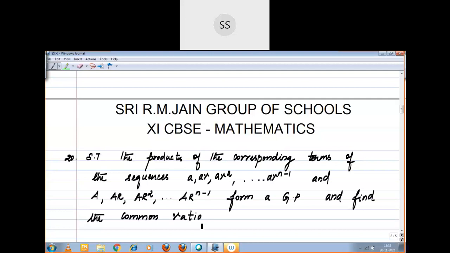First, what we want to show is that it represents a GP. GP means the common ratios are equal, which means it forms a GP.